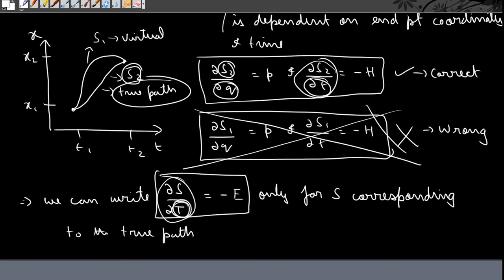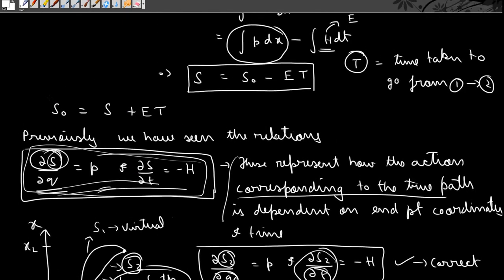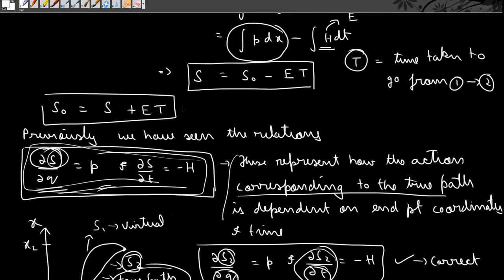So if we use that relation in this, it simply becomes S naught equal to S minus ∂S/∂T times T.